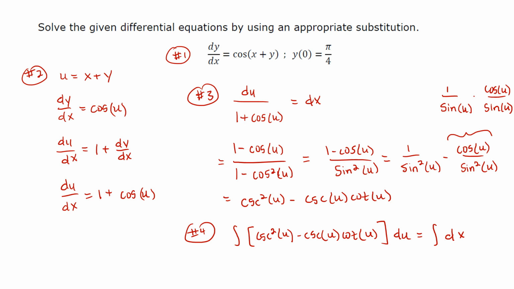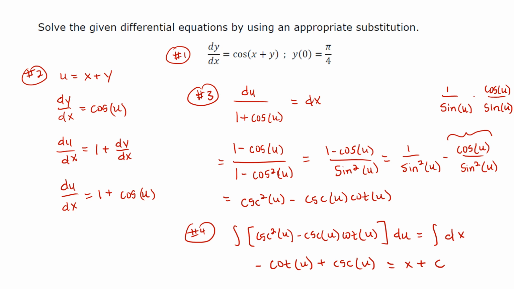This will then equal negative cotangent u plus cosecant u, which equals x plus c.